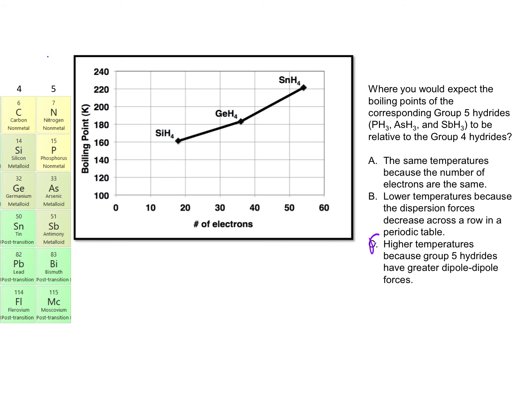So we're looking at PH3, for instance. If you draw the Lewis structure of PH3, you're going to end up with a central phosphorus atom, which is going to have a contribution of 5 electrons. You're going to have 3 electrons from the hydrogens, total of 8.